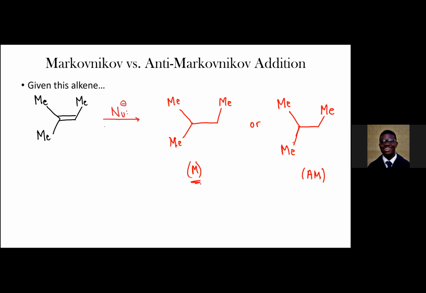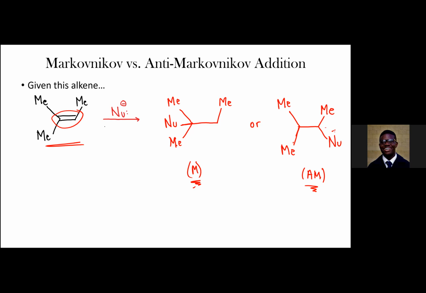So when we're thinking about the Markovnikov addition using this alkene, our nucleophile would end up at the most substituted position, on this side of the original double bond. But then when we think about anti-Markovnikov, our nucleophile would end up at the least substituted side, which would be on this side of our double bond.